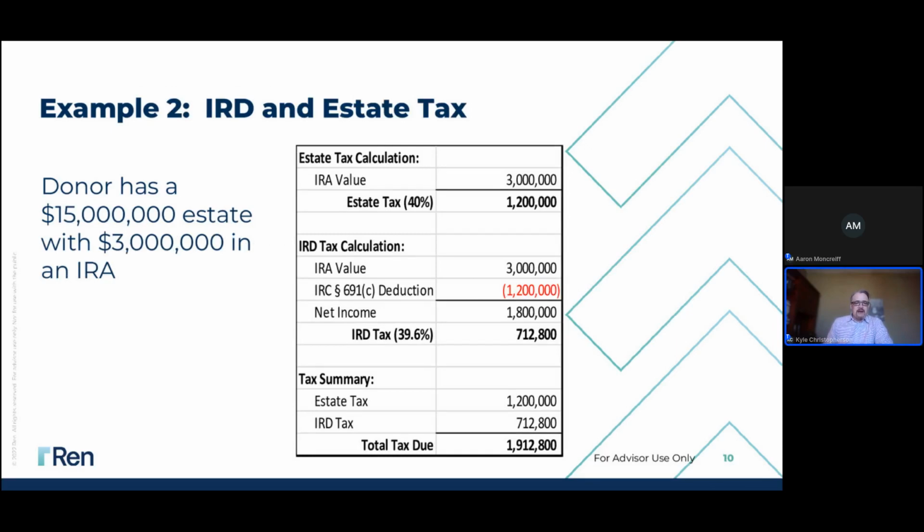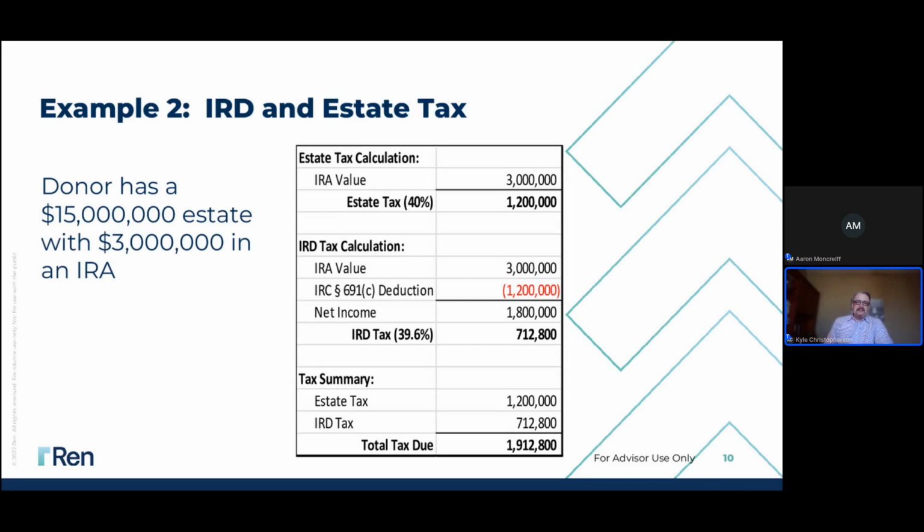This was taking into account the estate tax exemption rate from 2022. But say that this individual has, instead of a $15 million estate, a $16 million estate. The current estate tax exemption is roughly 12.9 million for 2023. But with this individual, the IRA value is going to be included in their taxable estate, which, if that's at the highest estate tax rate, we can assume 1.2 million is going to be included.